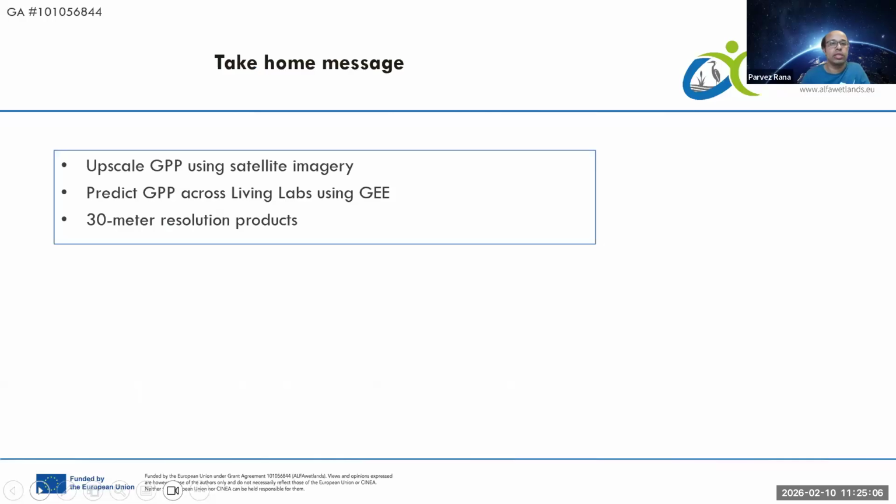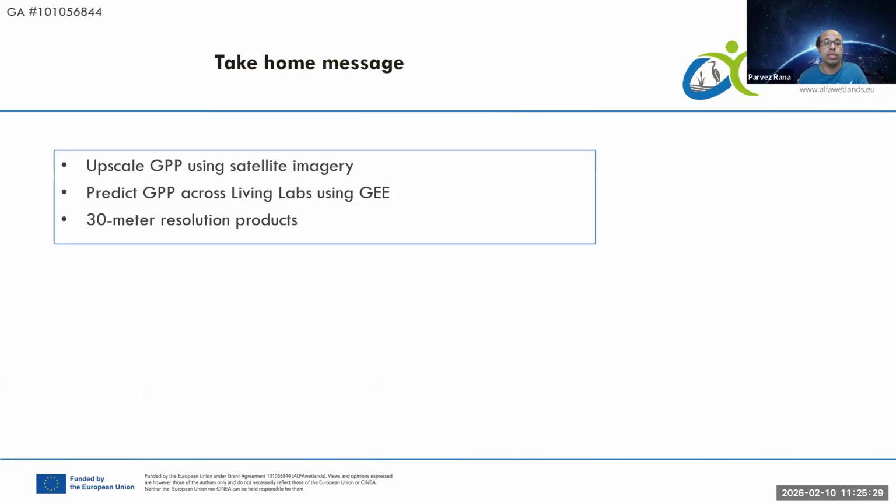So the main take-home message from this exercise is that we could use Landsat data for our GPP modeling, and we have been using Google Earth Engine, and we found that it is highly beneficial that you could rely on Google Earth Engine for cloud computing.